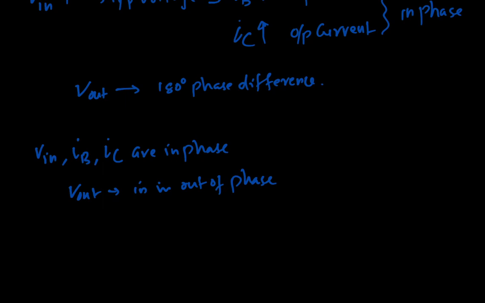The same thing we can demonstrate by using the output characteristics and DC load line, or we can establish this relation between the output voltage and output current using the graphical representation.